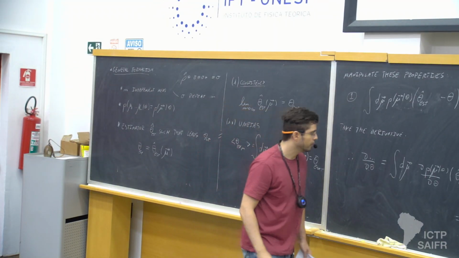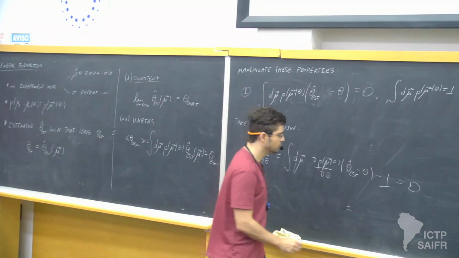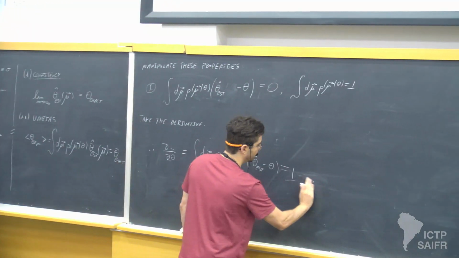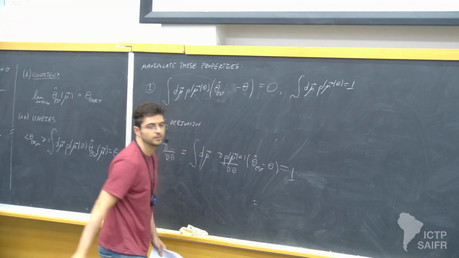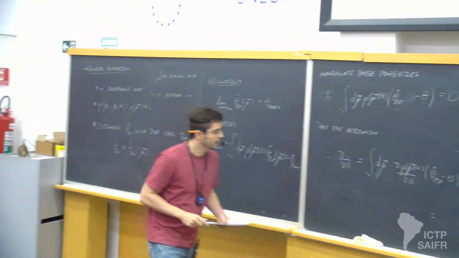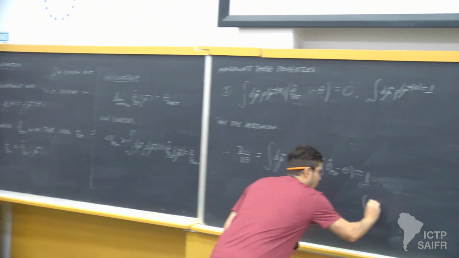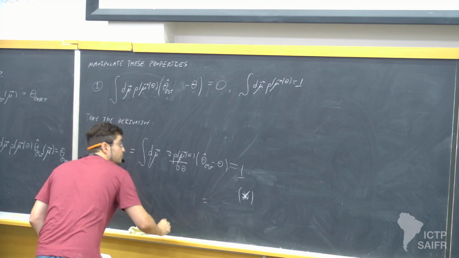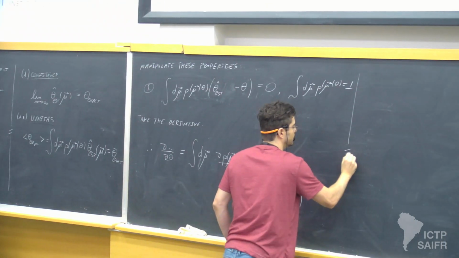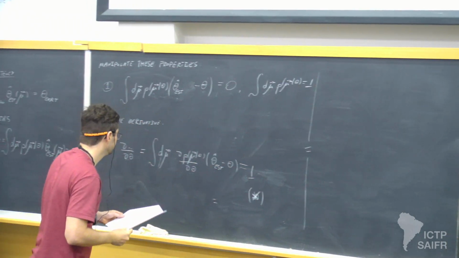To avoid another step in the equation, I remove this. Much simpler. This is going to be what we call the star equation, because we are going to use it very soon in the next step of the protocol.